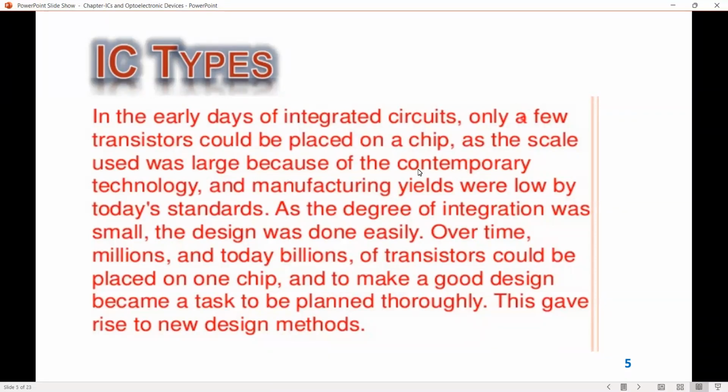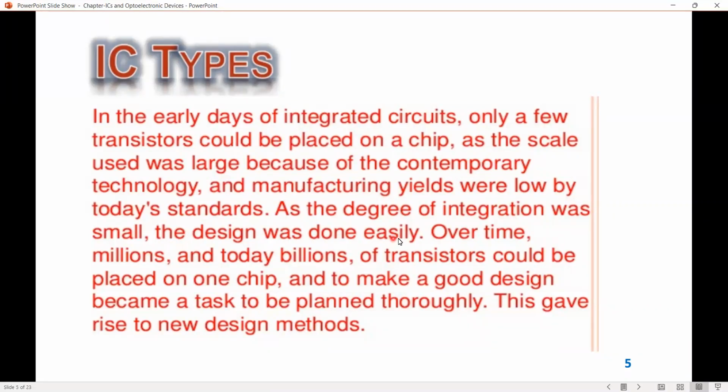So only a few transistors could be placed on a chip, as the scale used was large because of the contemporary technology, and the manufacturing yields were low by today's standards. As the degree of integration was small, at that time, less number of components could be designed on a single chip.